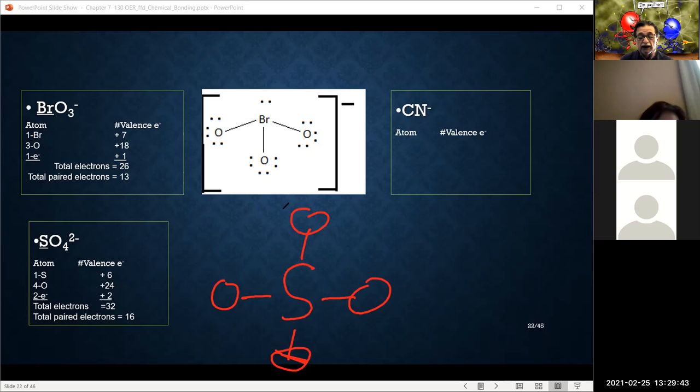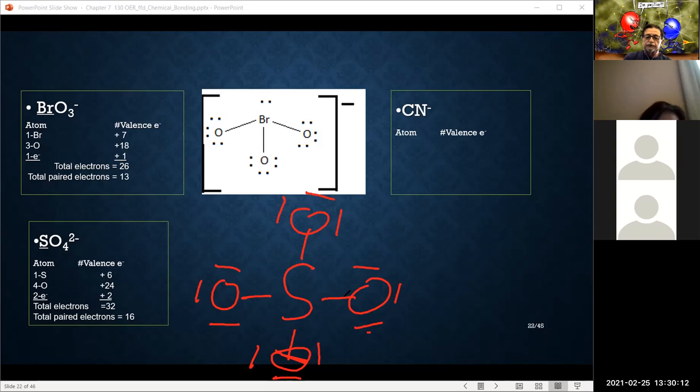So starting on the outside, we go 1, 2, 3, 4, 5, 6, 7, 8, 9, 10, 11, 12. Go check all around there. Make sure you still have 12. Oh, there we go. 12, 13, 14, 15, 16.